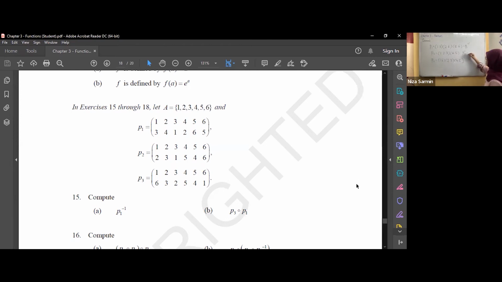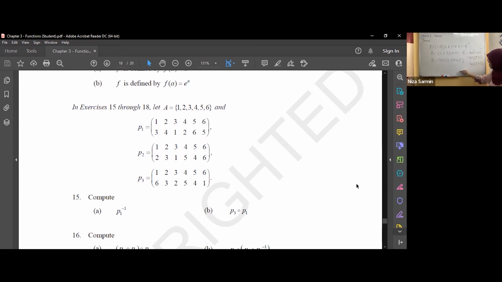P2 inverse is 4, 5 inverse, 1, 2, 3 inverse. And this is 5, 4, which is 4, 5. Okay, what is 1, 2, 3 inverse? You write the other way around, right? 3, 2, 1. And then when you want to write it nicely, it's 1, 3, 2.